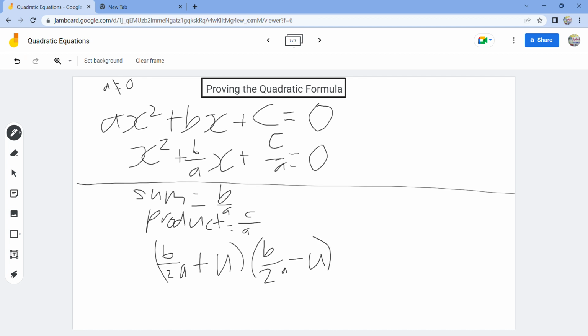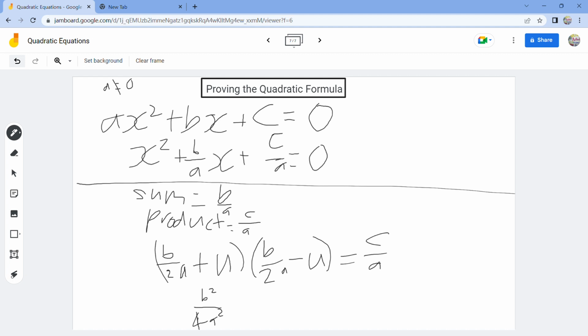So now the sum is b over a. So now what we do is divide by 2: b over 2a plus u, times b over 2a minus u. Okay, so that equals c over a.